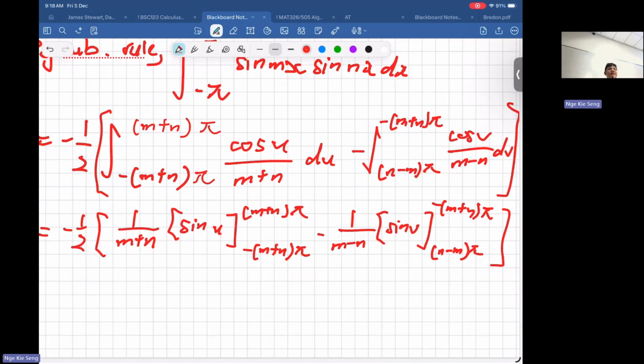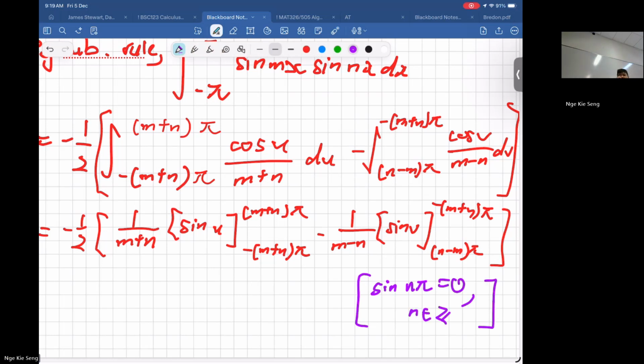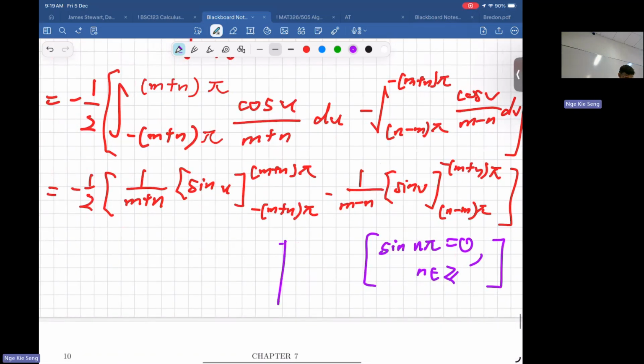Anyone know how to compute this thing? So what does sine do when you take a multiple of pi? Because m plus n is just some integer, and m minus n is also an integer. So sine n pi equals 0 for n in Z. If you still remember the sine graph, here is 0, here is pi, here is 2 pi.